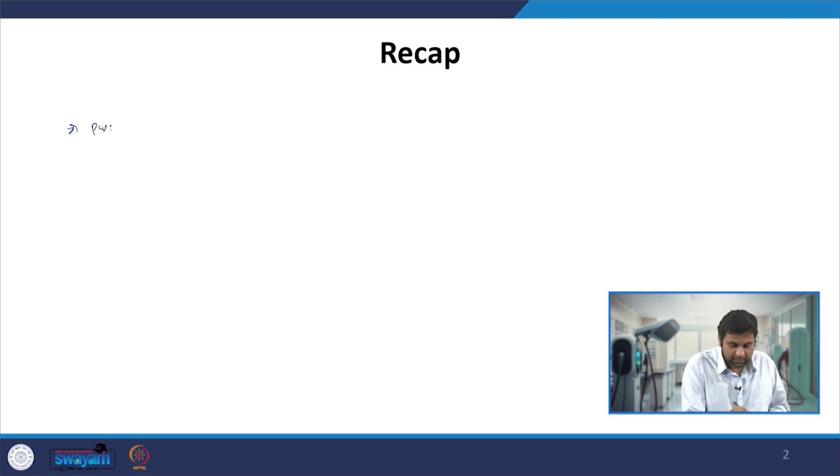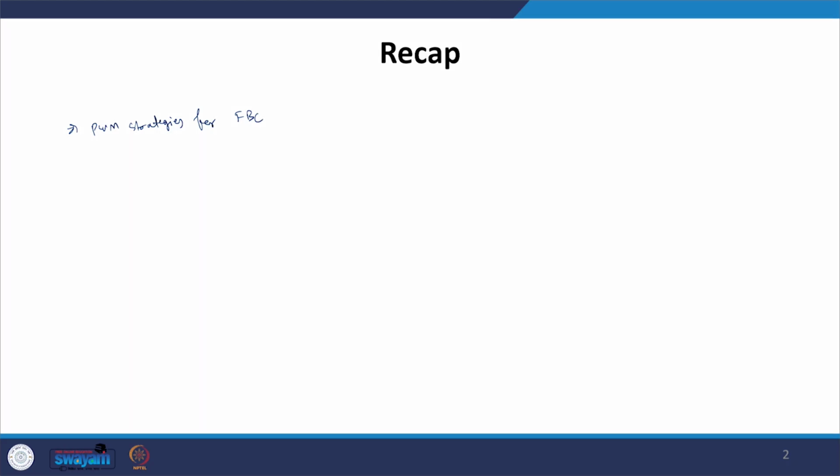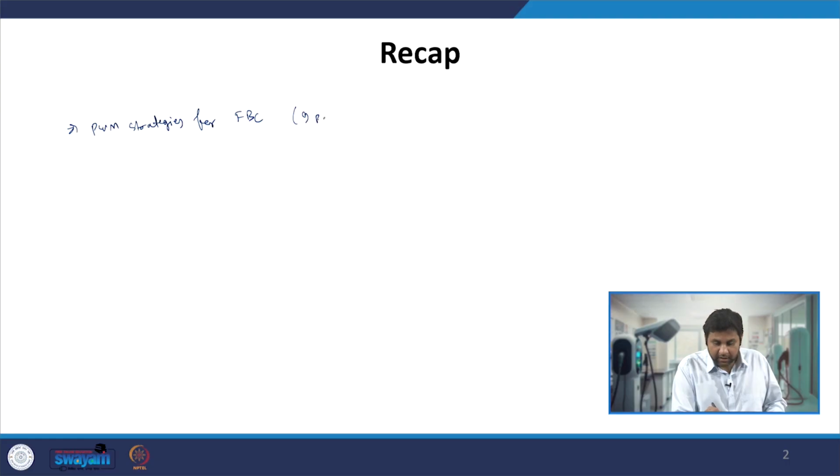PWM strategies for full bridge converters: we understood that effectively there were 9 possibilities, and those can be clubbed into 2 types of PWM, called PWM type 1, which includes strategies number 1, 2, 3, and PWM type 2, where we have 4, 5 up to 9.